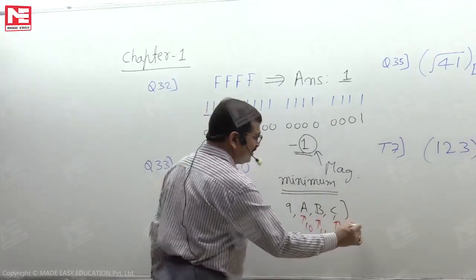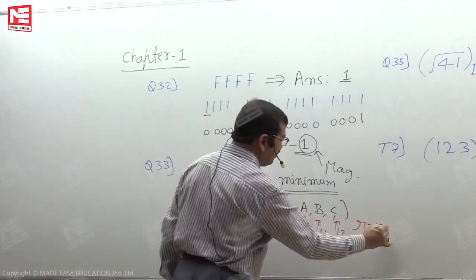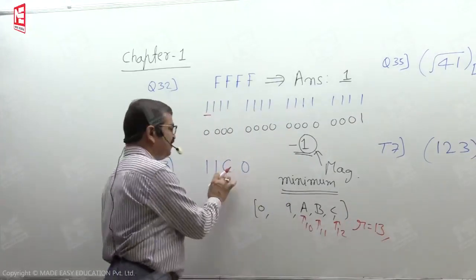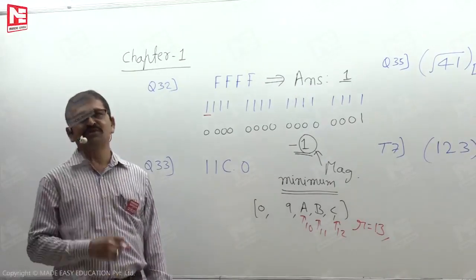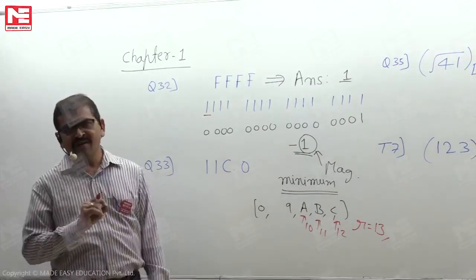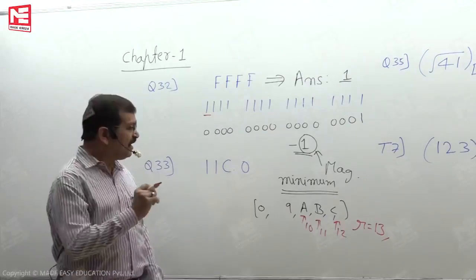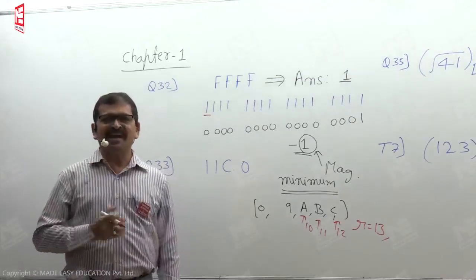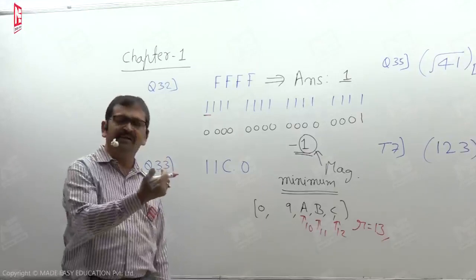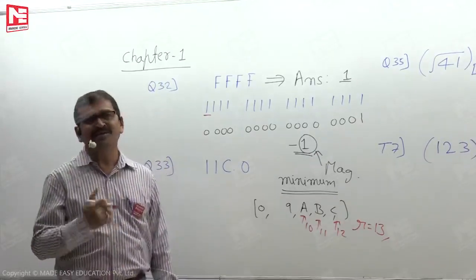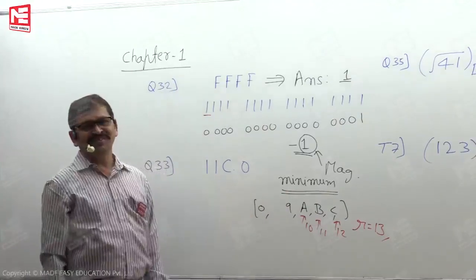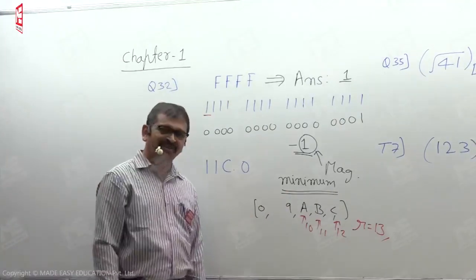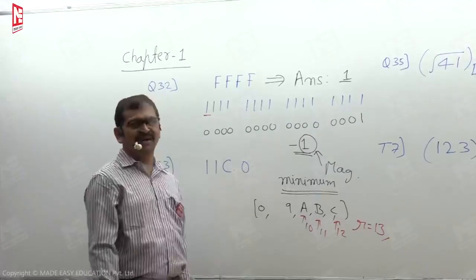Hence the radix, if it is 13, then only there is a possibility for usage of the symbol C. If we are not having the wording as minimum, then the radix is possible on this number, any decimal value greater than 12. If this word is not there in the question description, we have a possibility for the radix greater than 12.